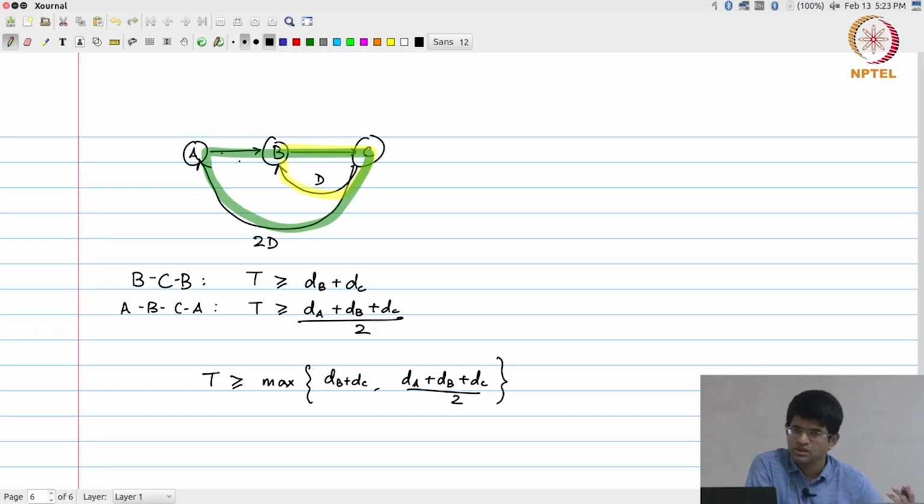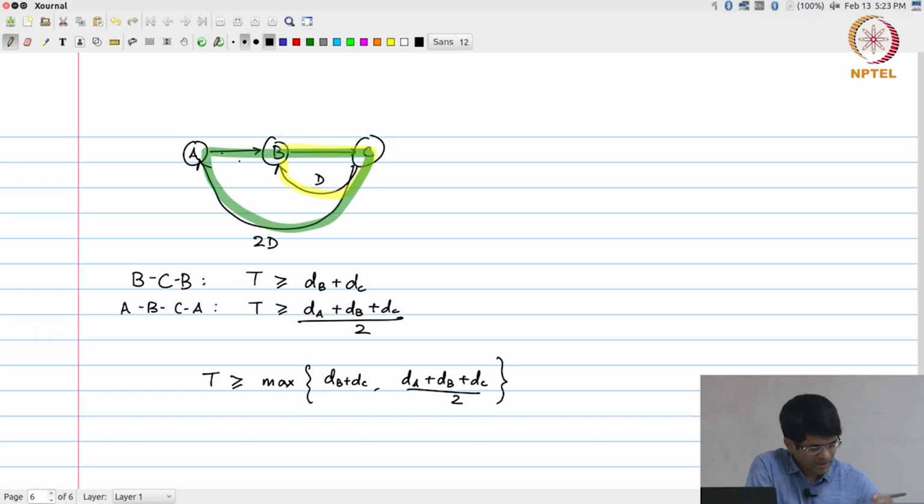Now, in the domain of signal processing, the kind of graphs that you are going to encounter are fairly restricted. You do not have arbitrary graphs with all kinds of cycles or edges in them. So in practice you will probably find that the number of possible cycles is restricted, and therefore you do not have to worry about this exponential blow up, but that does not help you in general if you want an algorithm to compute this iteration period bound.